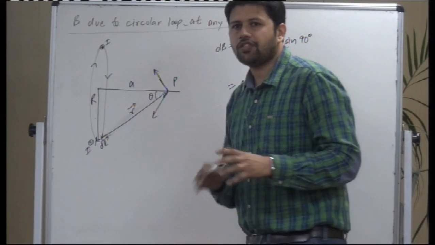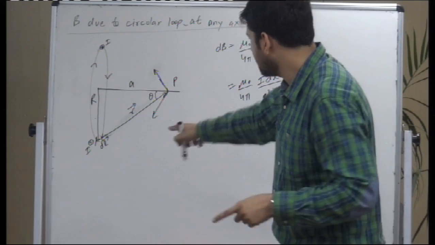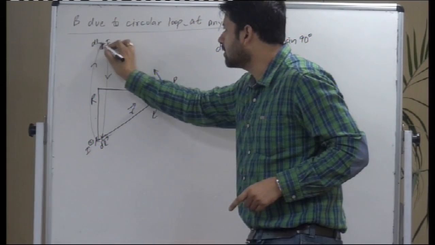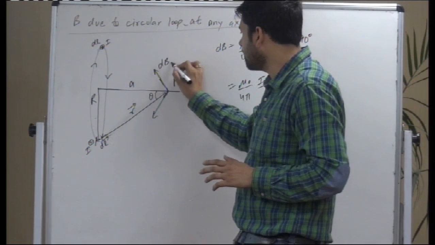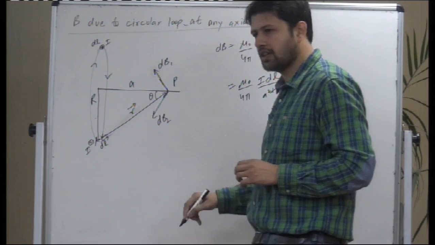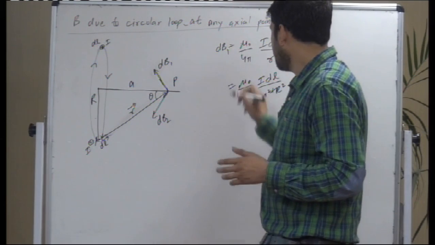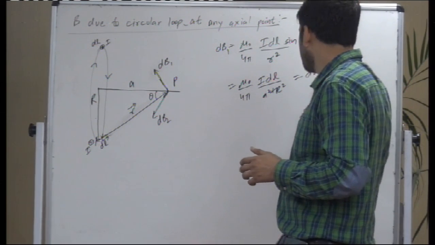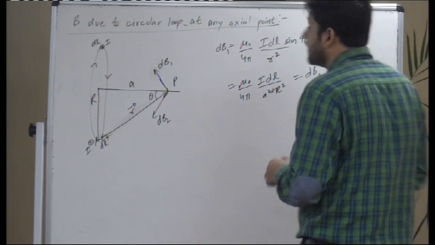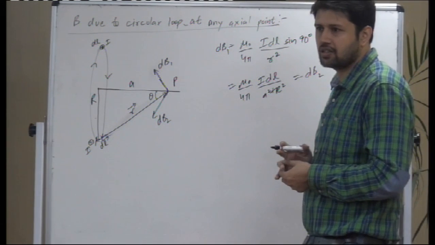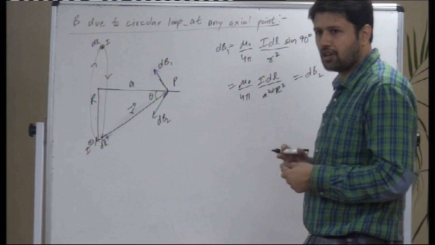So if we have a dl element down here and a dl element up there, the two would produce fields like this one, dB1, and this is dB2. dB1 is equal to dB2 because the two elements are equal, right? But since their directions are not equal, we cannot add them directly.